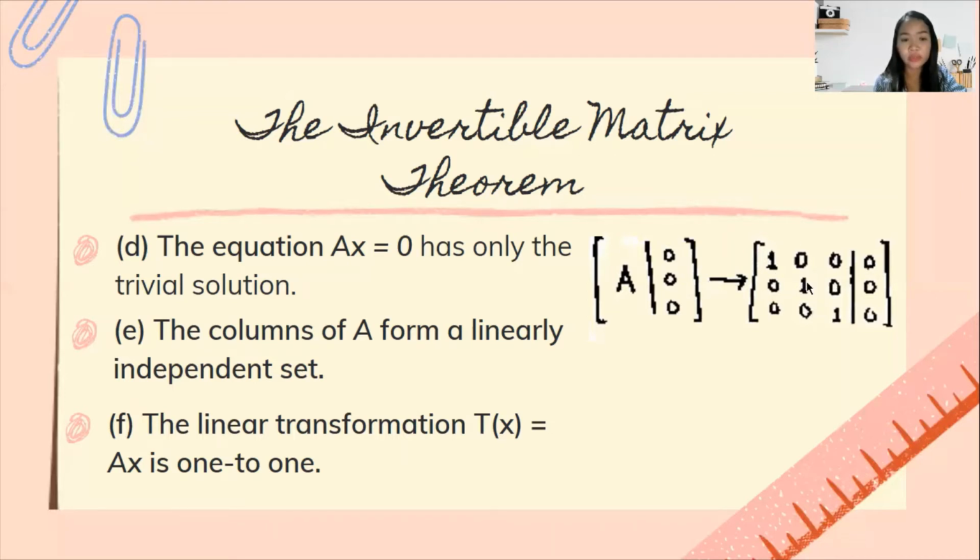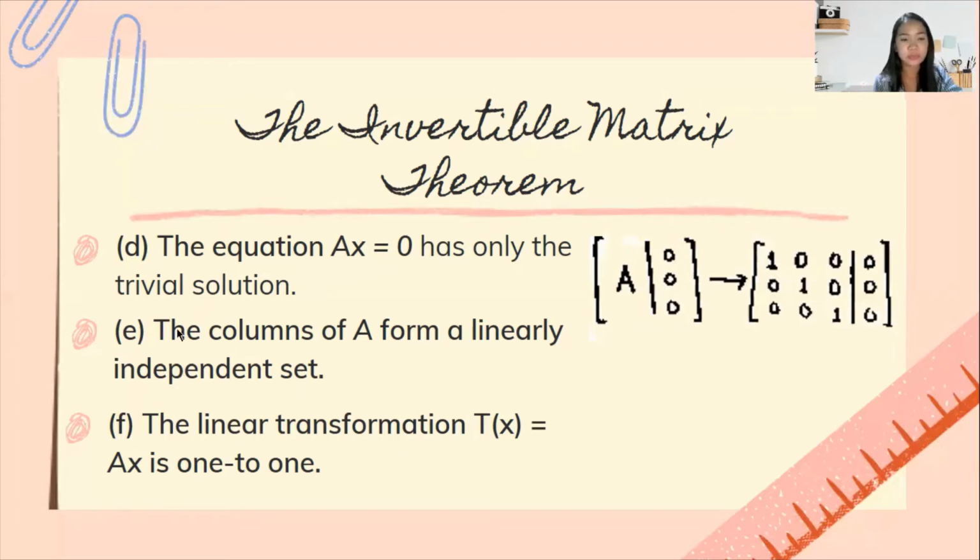After all these row operations, the zero entries will remain zeros, so this column will remain zeros. That's how we get the equation AX equals 0 has only the trivial solution.